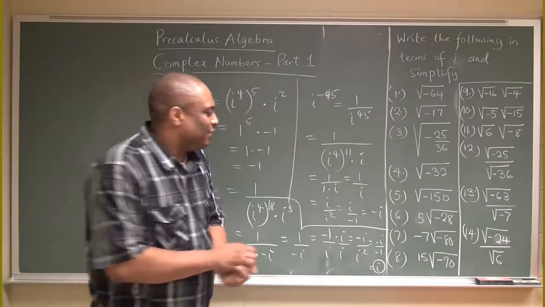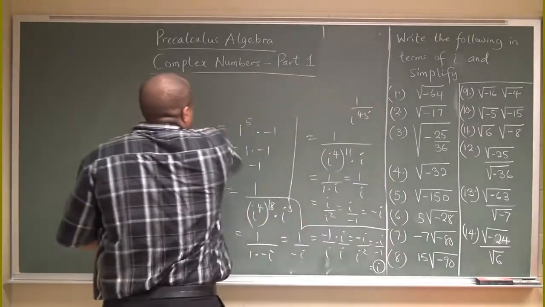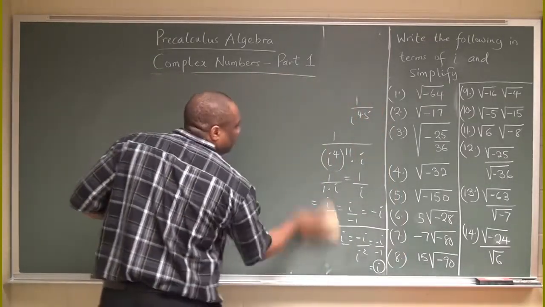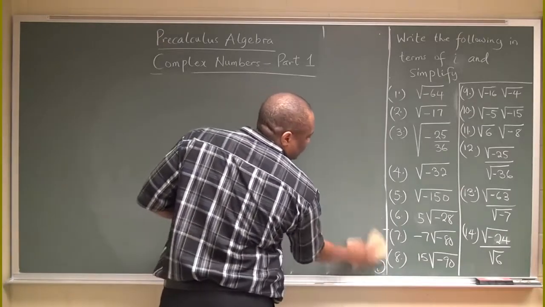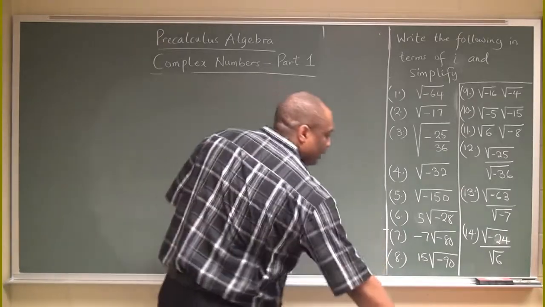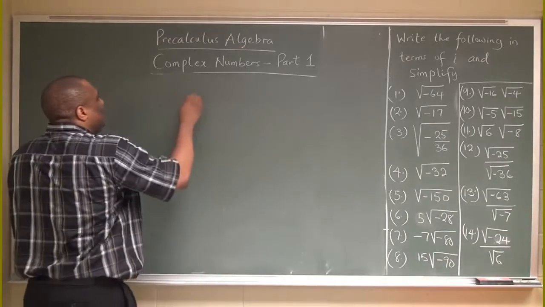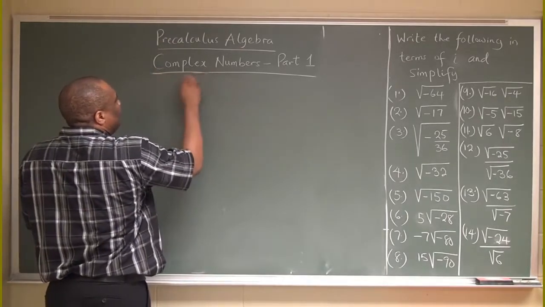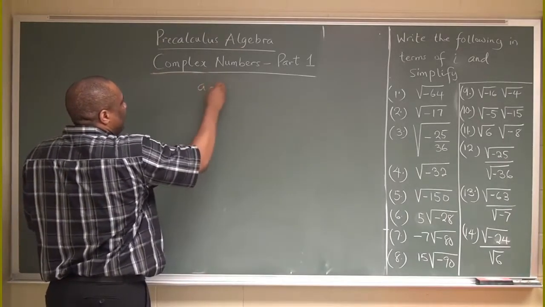Right? So, okay, let's go to the next thing we want to discuss before we solve these questions on the board. Let's go back to the standard form of a complex number, a plus bi.